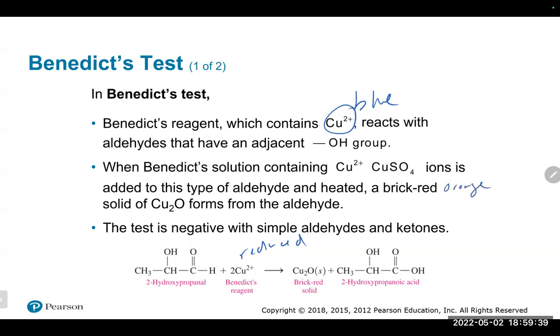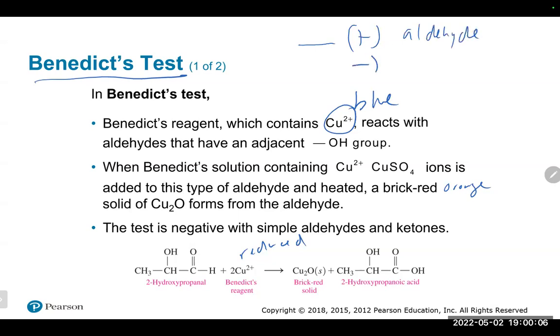Once again, this would be the result of our aldehyde going to a carboxylic acid, and that would be a positive test for the aldehyde. Again, if you did it on a ketone, you would get no reaction. You wouldn't see it go to that orangey color. So for example, I think in the lab you do this week, you hit it with the Benedict reagent. If you get a positive test, that means you started with an aldehyde.